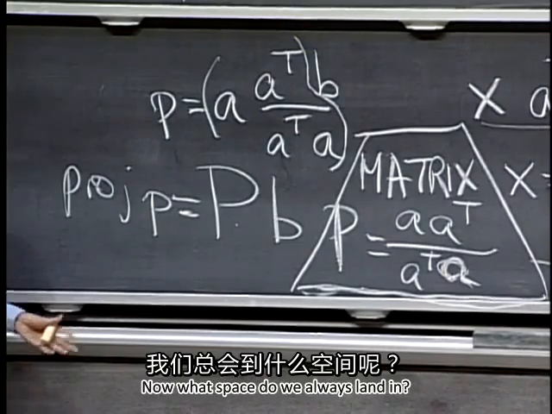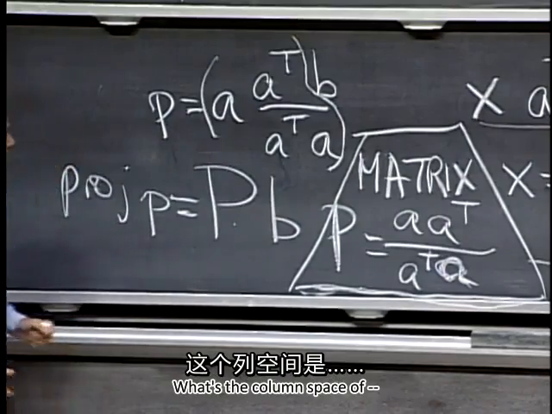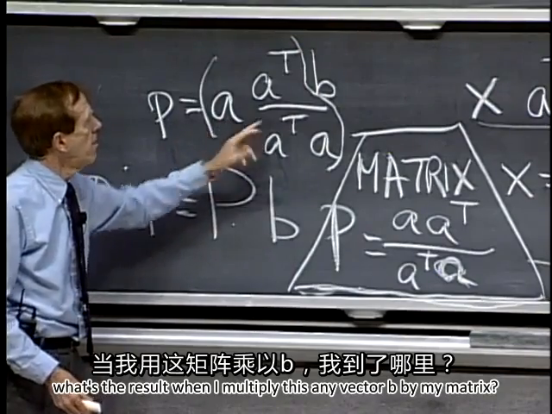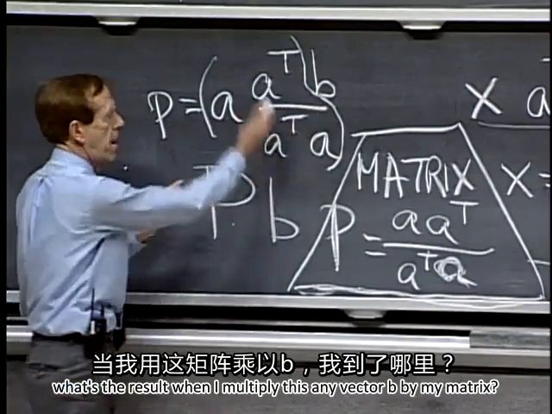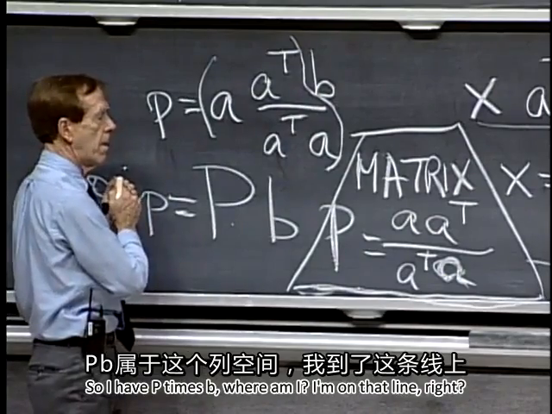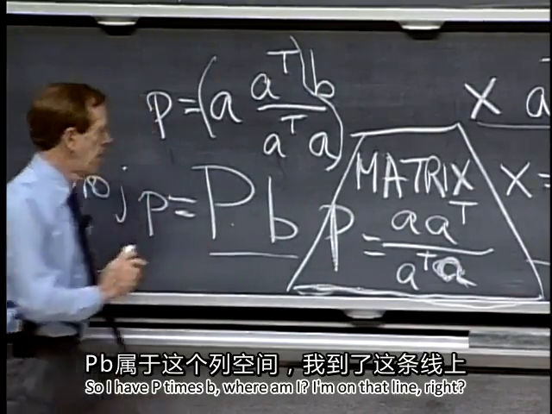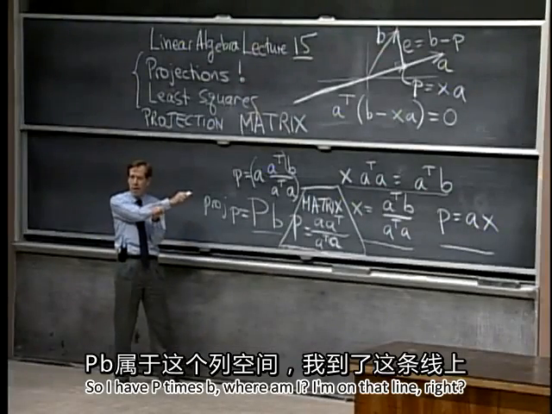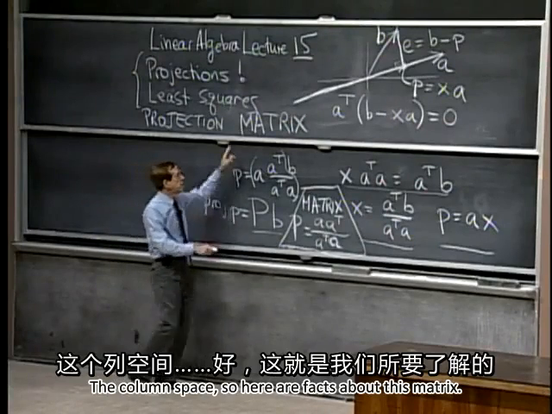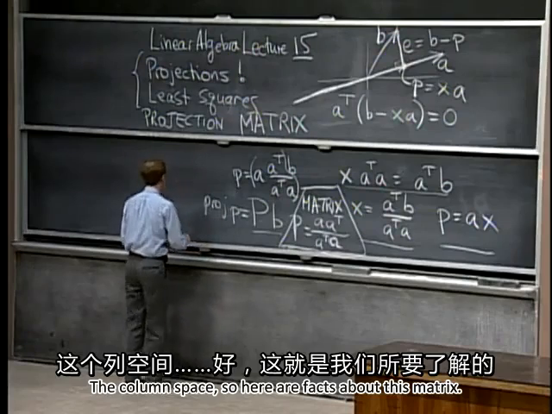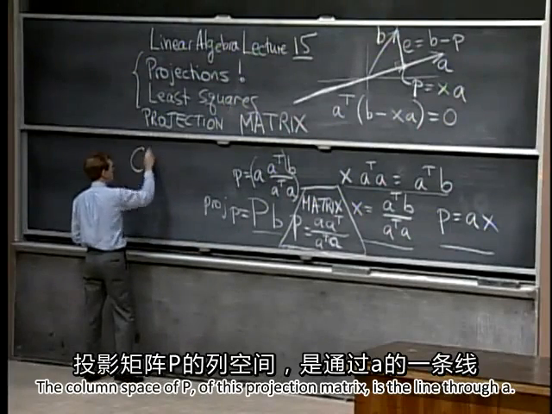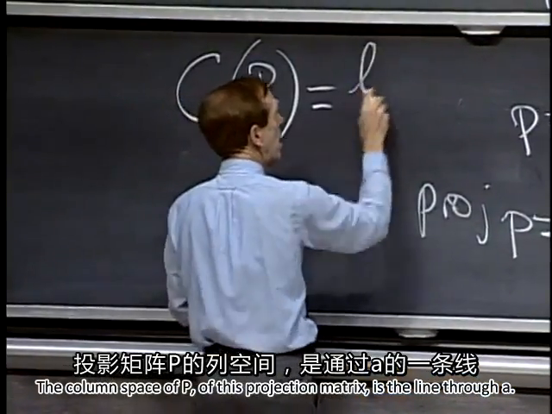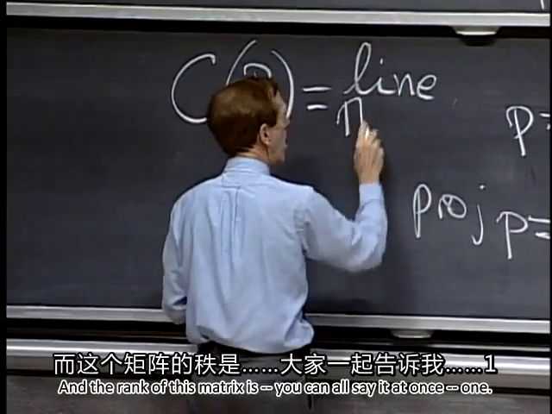Now, what space do we always land in? What's the result when I multiply any vector B by my matrix? So I have P times B. Where am I? I'm on that line, right? So here are facts about this matrix. The column space of P, of this projection matrix, is the line through A.